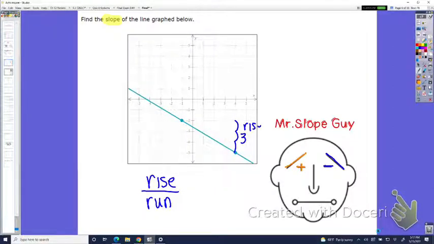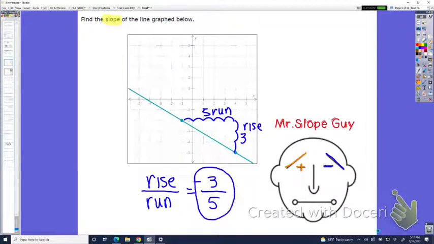That would be the rise. The run to the left is 1, 2, 3, 4, 5. 5 is the run, and it's negative. So my final answer is a negative 3/5. If you could reduce it, you should. But if not, then just leave it as that fraction.